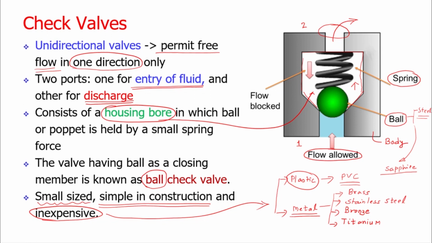So in this situation we use sapphire, which is durable, chemically inert, and a high strength material. When we apply high pressure here, there would be a lot of wear and tear of the balls, because the balls are hitting at the inlet position quite often. So that's why the balls should have sufficient strength.